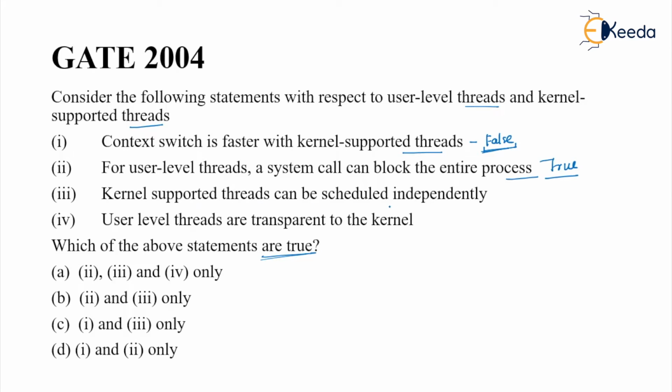Kernel supported threads can be scheduled independently, and this is again a true statement. User level threads are transparent to the kernel, and this is also a true statement. So 2, 3 and 4 are true, and that goes with your option A. So the answer is A here.